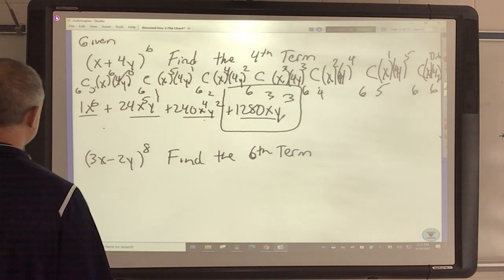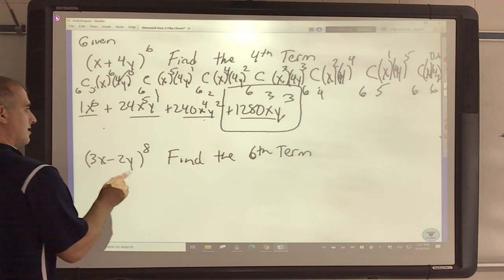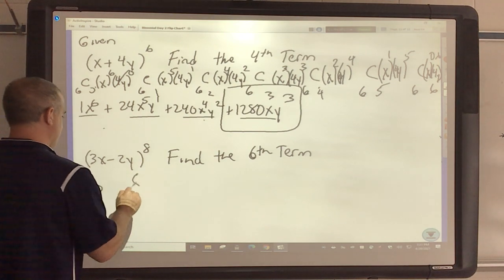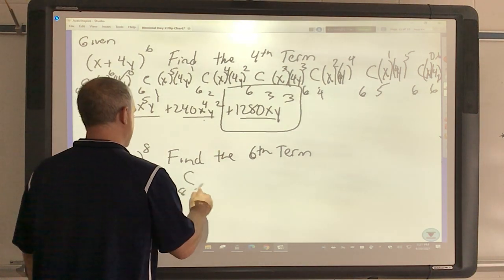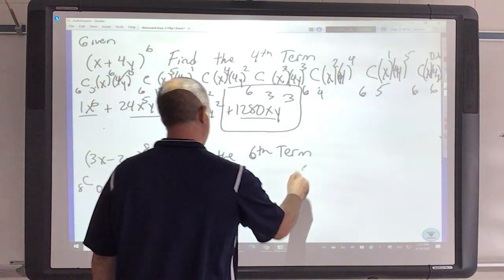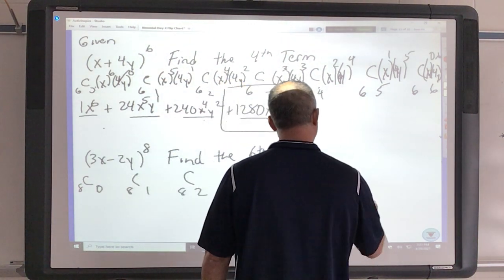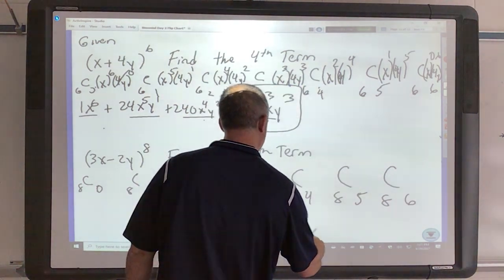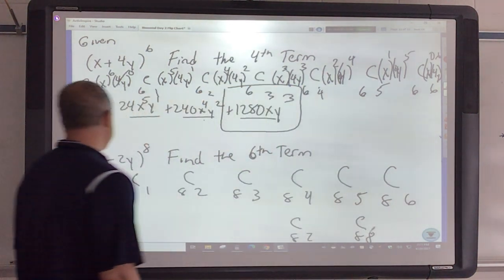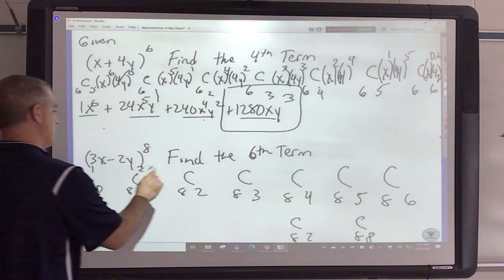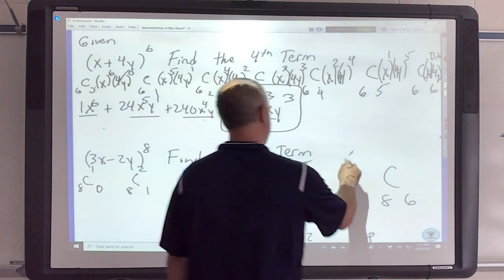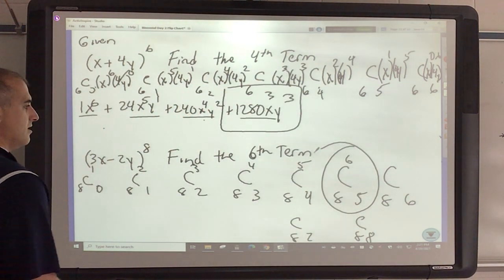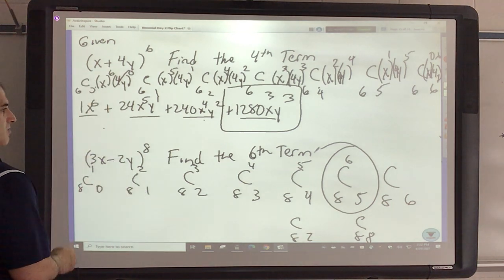So on this one it says find the 6th term. So watch, C80, look at the same mistake again, C81, C82, C83, C84, C85, C86, C87, and C88. Now, 1st, 2nd, 3rd, 4th, 5th, 6th. So I'm working with 8 choose 5. What are the exponents with that?